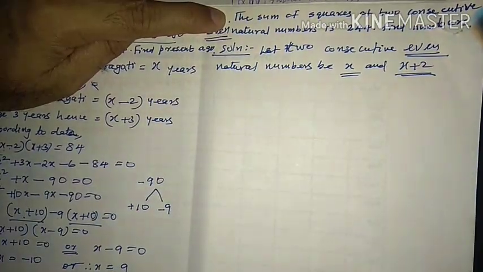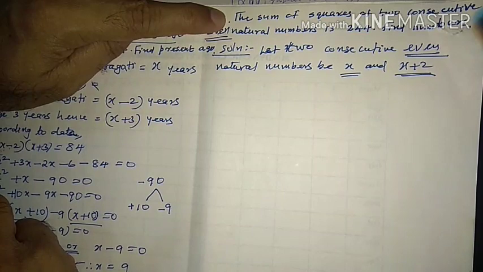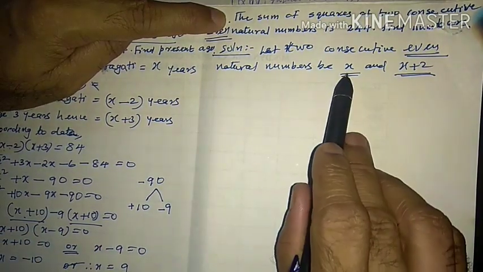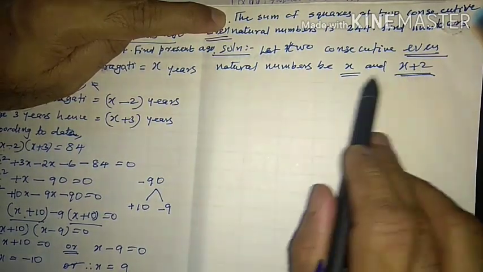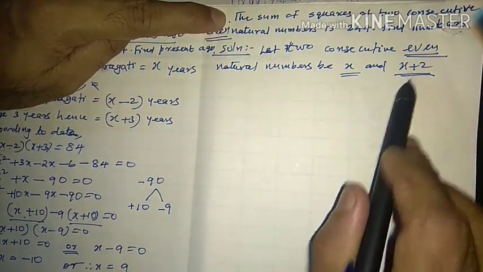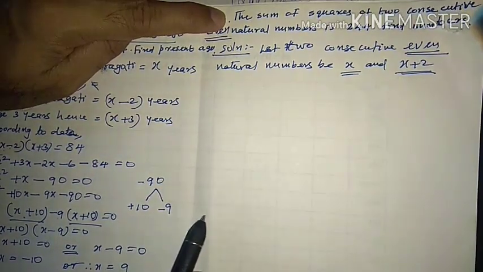For even natural numbers, suppose the first number is 2, the second number is 2 plus 2, that is 4. If the first number is 10, the next even number is 10 plus 2. Like that, the second number you have to get by adding 2 to the first. For even natural numbers or odd natural numbers, the difference is 2.